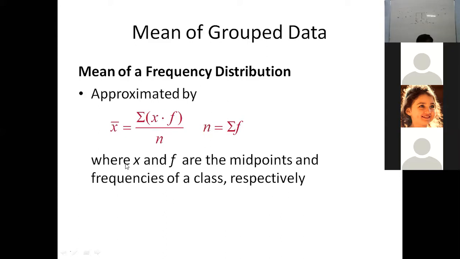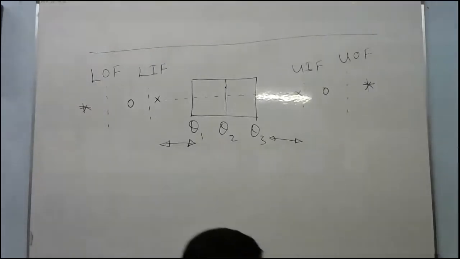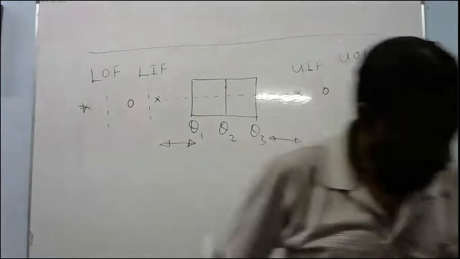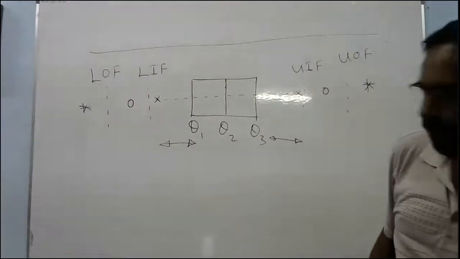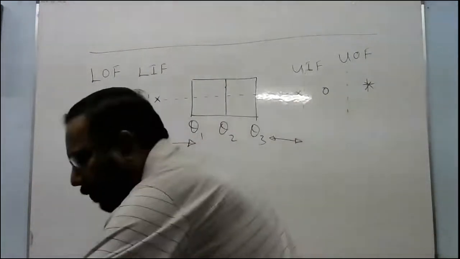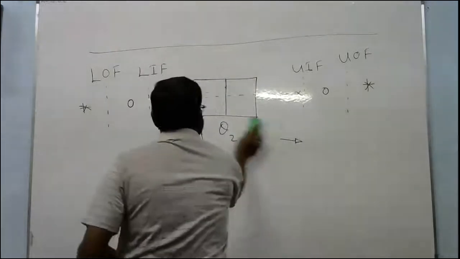So x is the midpoint and f is the frequency. Because, for example, in yesterday's sum, we looked upon frequencies.